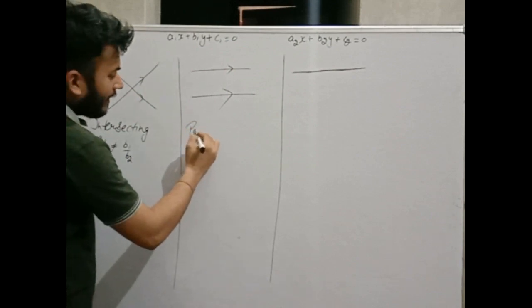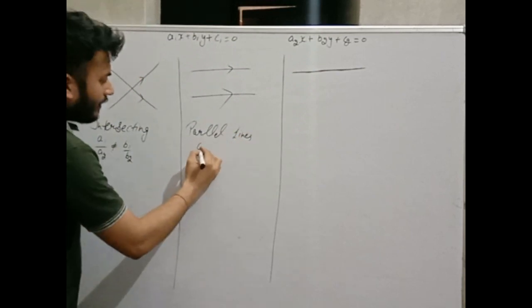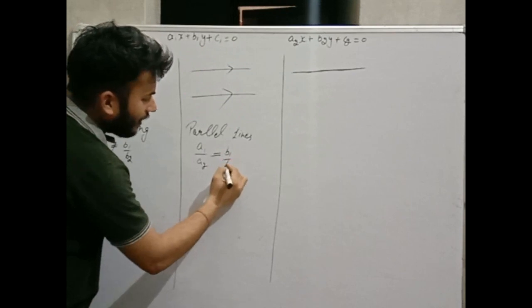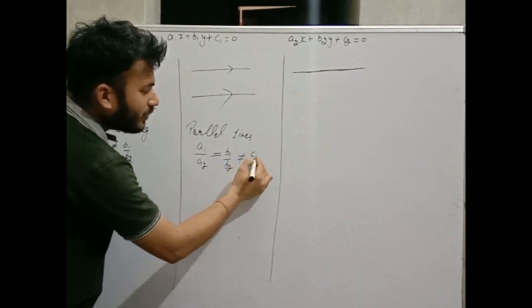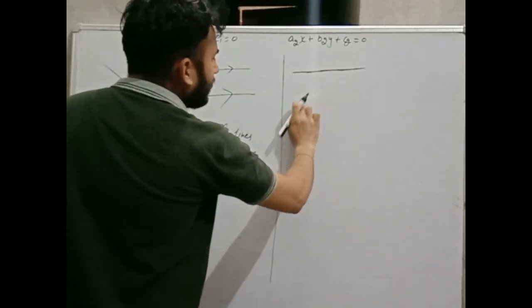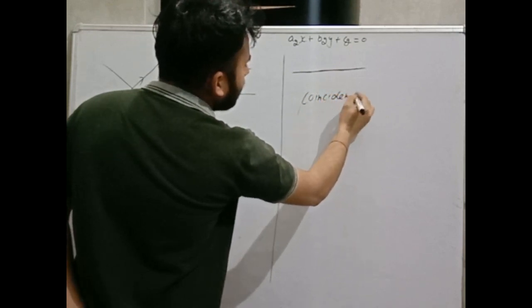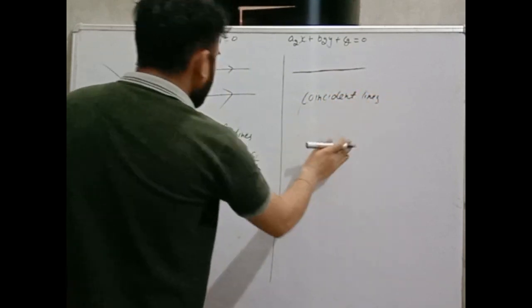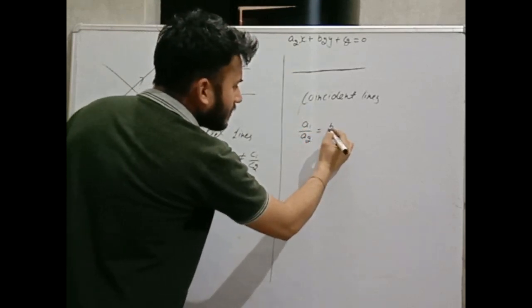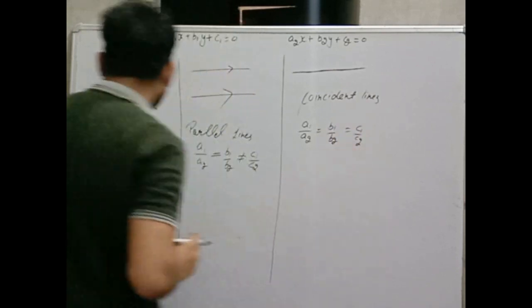For parallel lines, a1 divided by a2 equals b1 divided by b2 but is not equal to c1 divided by c2, and for coincident lines, a1 divided by a2 equals b1 divided by b2 equals c1 divided by c2.